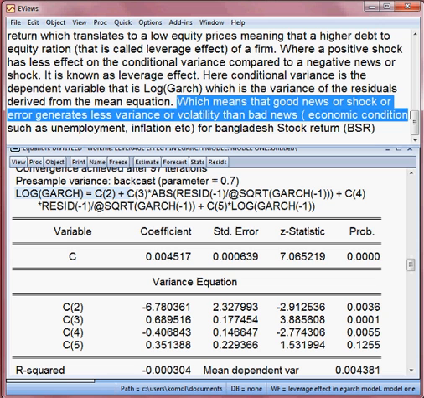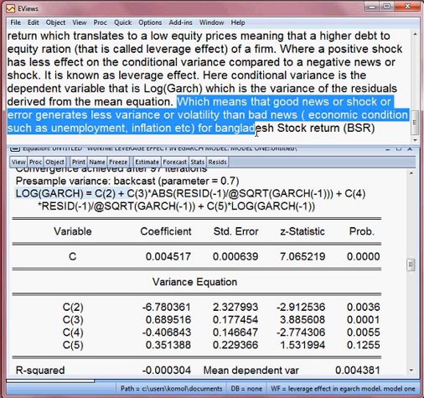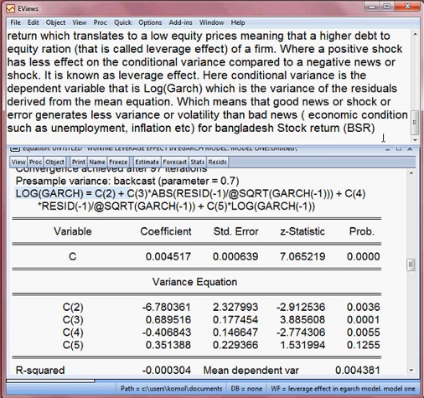Meaning that when there is bad news, bad shock or bad information, then volatility of the Bangladesh stock return goes up. So that is called the leverage effect.